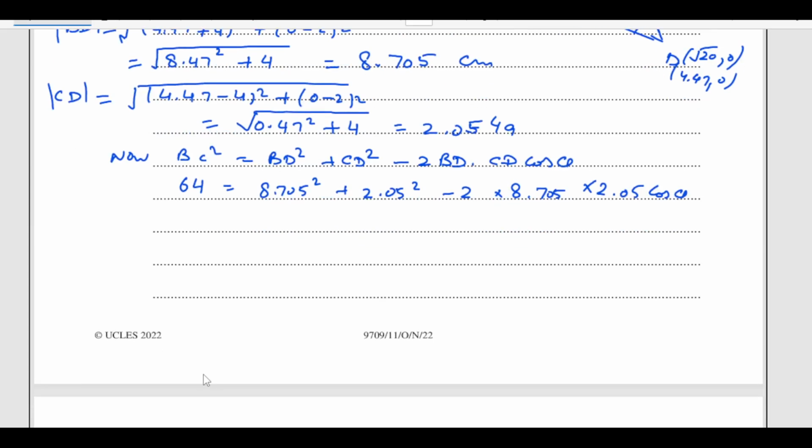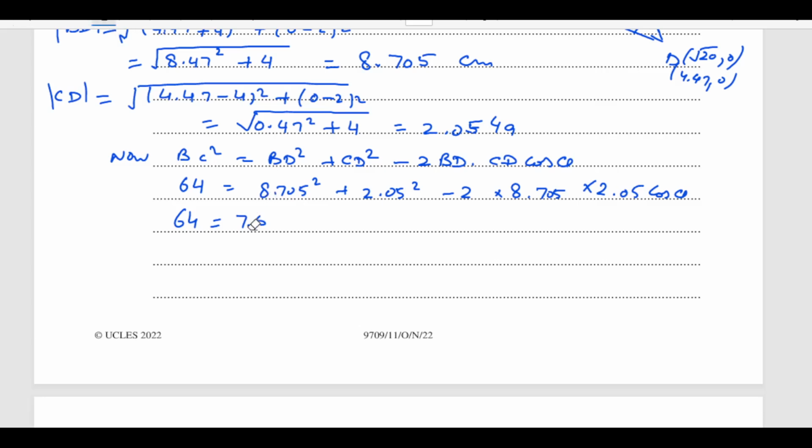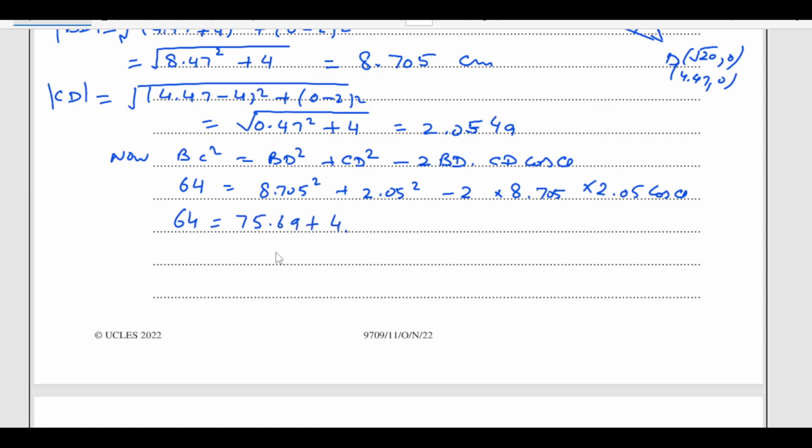Okay, so now when you calculate this one, this is 64 equals 75.69 plus 4.2025 minus 35.69 cos theta. Don't round these numbers because it's going to make a huge difference when we calculate later.